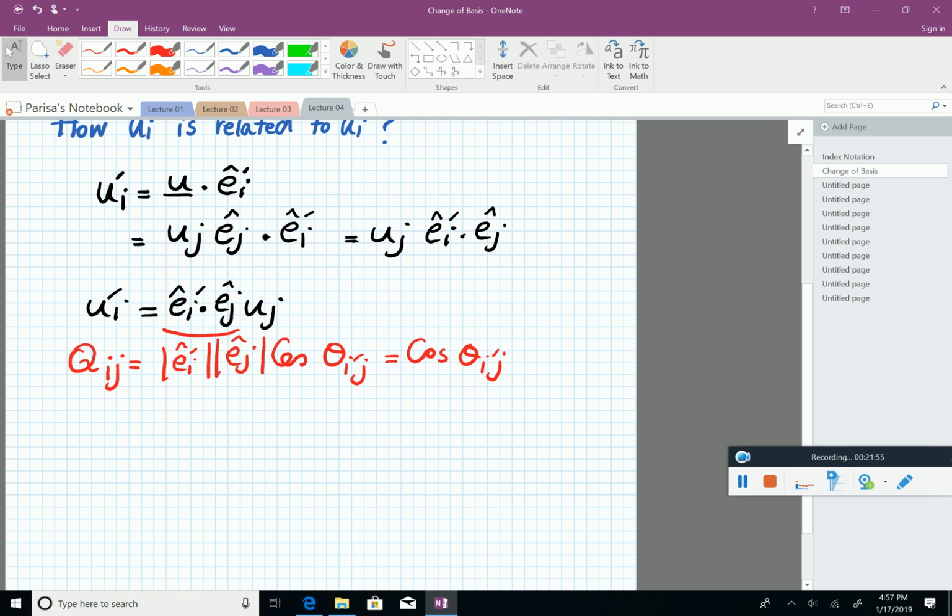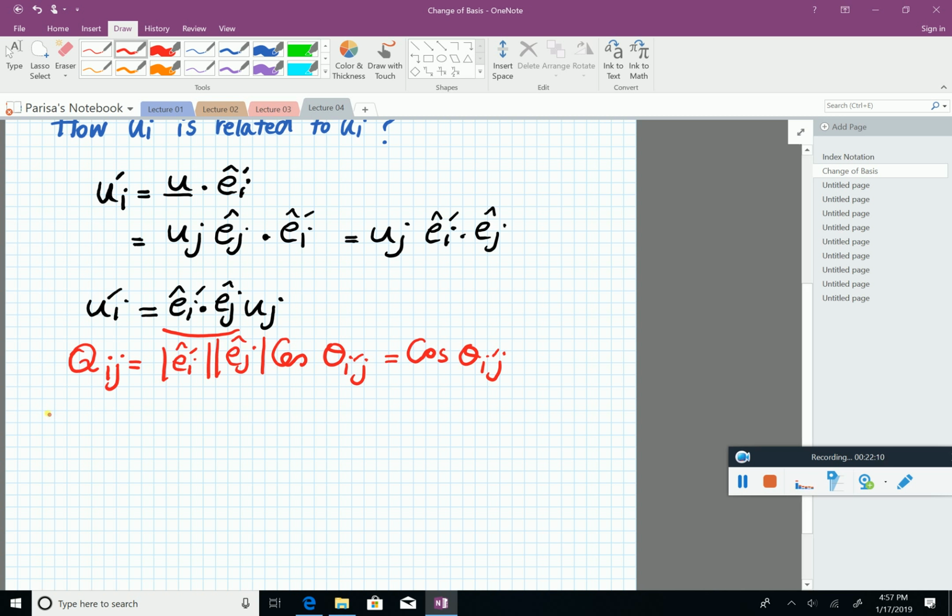I just continue to use red so that everything about Q, if I arrange these Q_ij's in a matrix, that's the matrix of direction cosines.